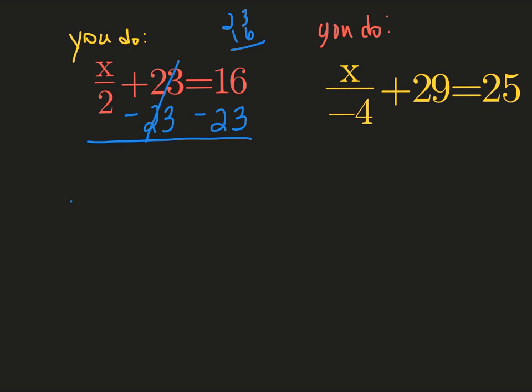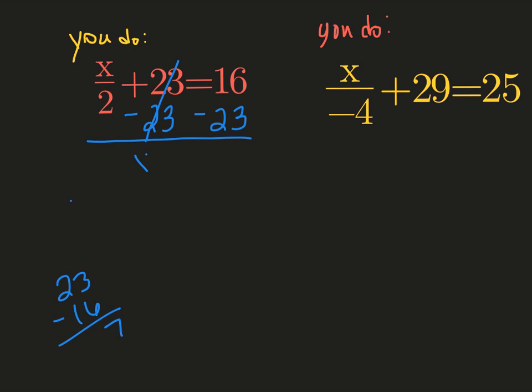I can't write up here very much. This is where most of my scratches are on my iPad. 13 minus 6. That's ugly. I can't do that. That's horrible. Let me do this down here. Sorry about that. 23 minus 16. That's 7.